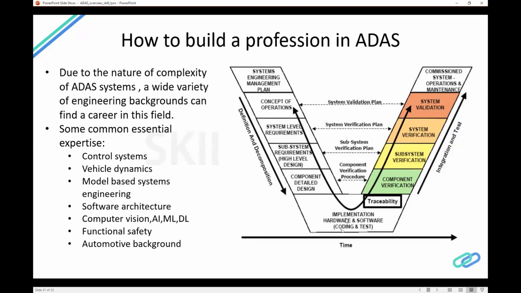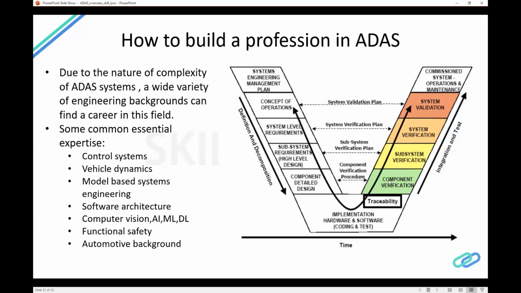And this is where electrical engineers or electronics engineers have a very crucial role. They implement the software into the actual hardware. And finally, there is component verification and subsystem or system level verification. This is where engineers from different backgrounds, mechanical and electrical, come into play.